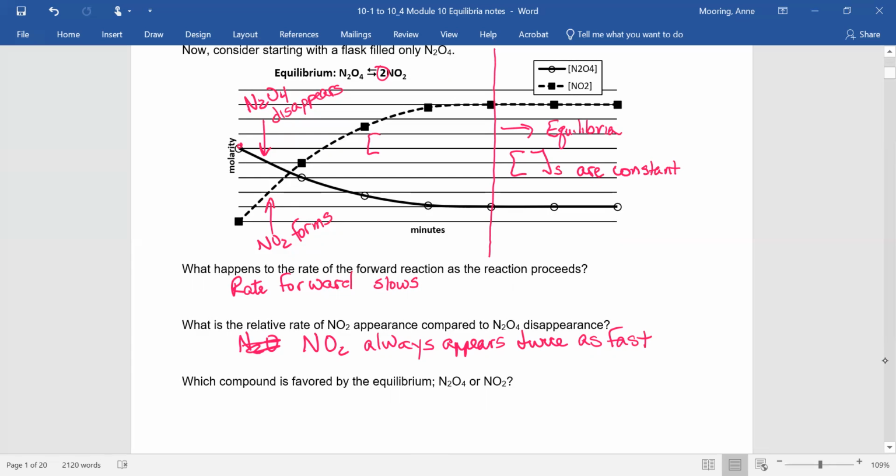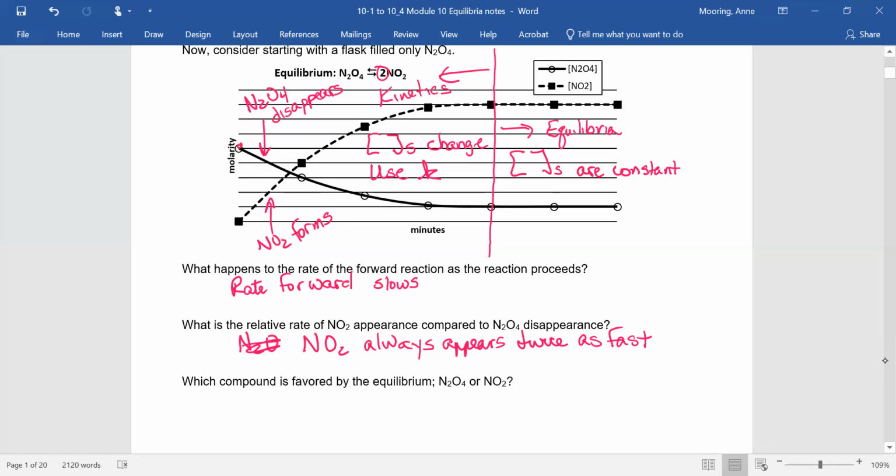Before equilibrium, the concentrations are changing. In this entire region, we are going to use our little k because this region is kinetics. So everything before equilibrium occurs is kinetics. That's what we were studying in the last module.